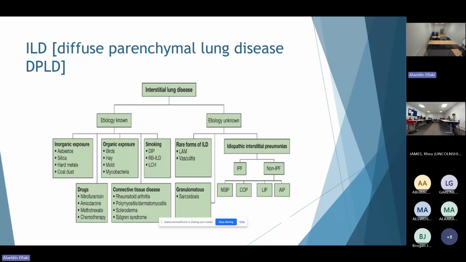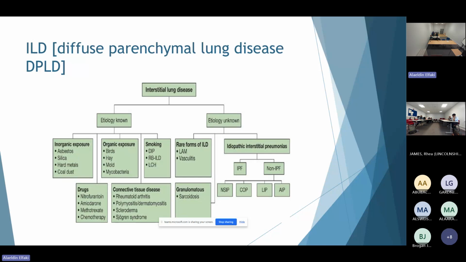Some interstitial lung disease might also be related to smoking, like desquamative interstitial pneumonia, DIP, respiratory bronchiolitis interstitial lung disease, RBILD, and Langerhans cell histiocytosis.